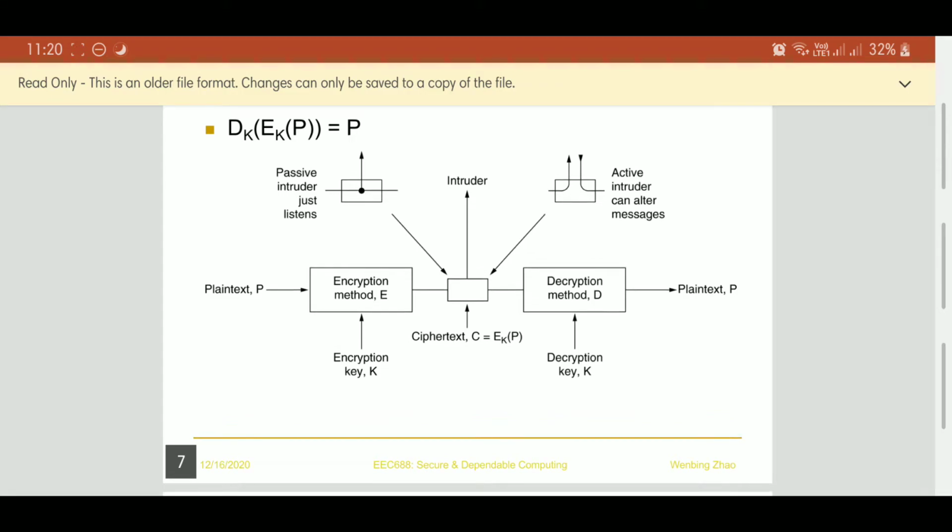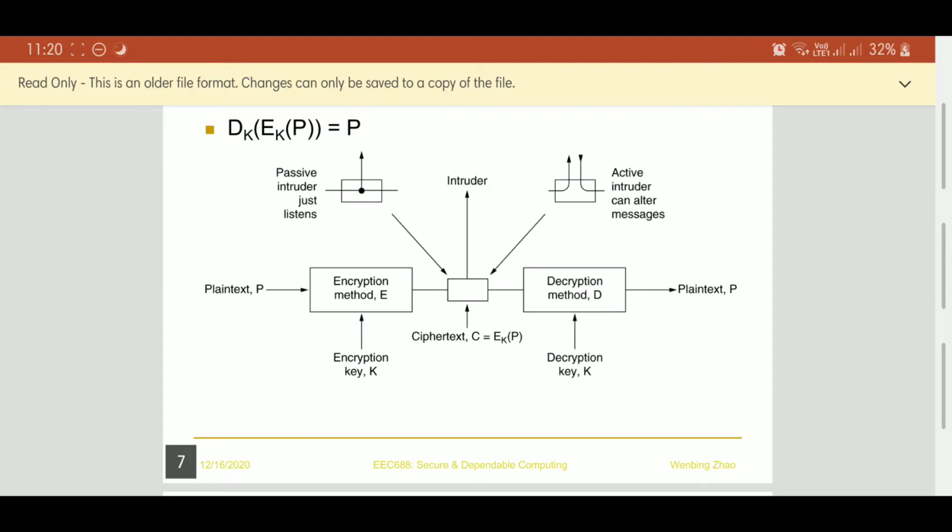How it works for this process: the user will give the plain text, or any data that is in the form of plain text P. It will go through the encryption method that is called E, and then it will become ciphertext.